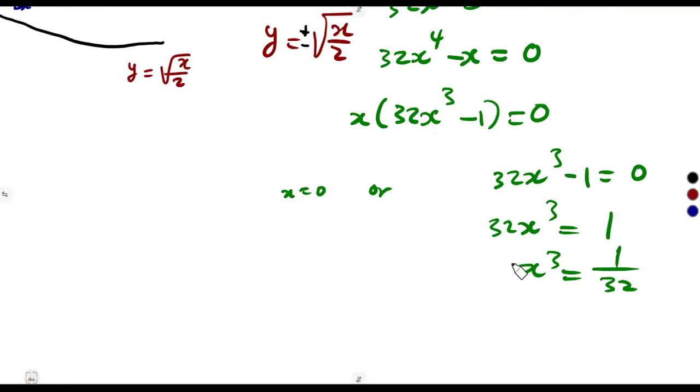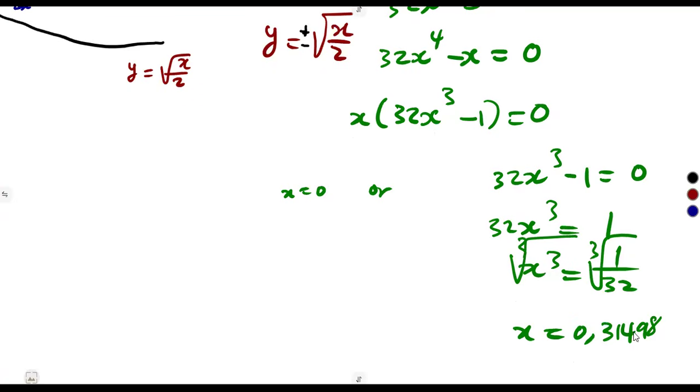So what will be the x? The cube root there. So x is the cube root of 1 over 32, which is 0.31498, something like that.